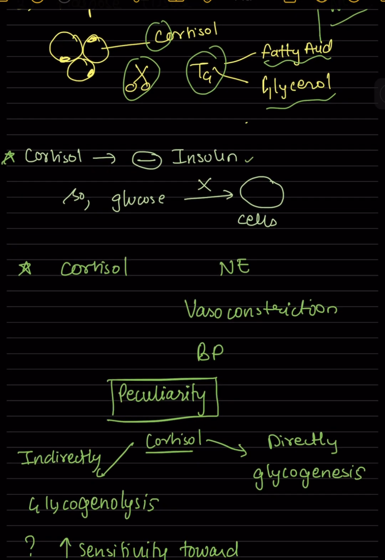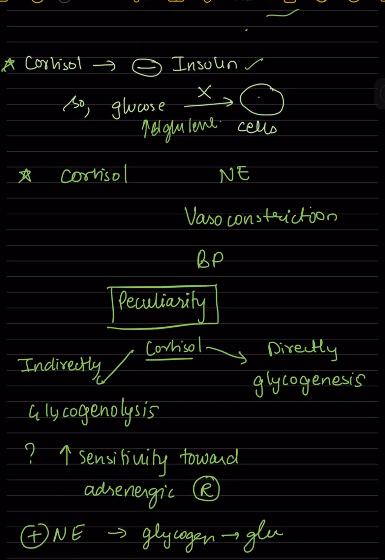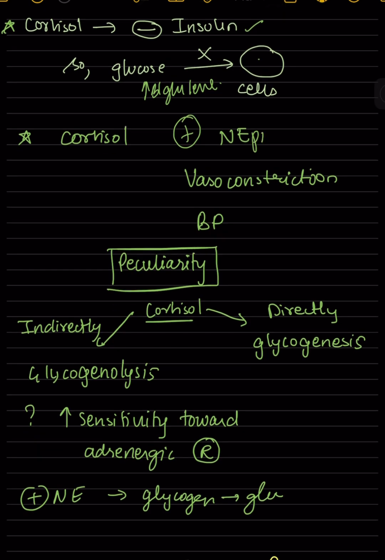In the presence of insulin, glucose gets into the cell, but as cortisol inhibits insulin, glucose cannot get into the cell. Hence, it stays in blood and increases blood glucose level. Cortisol also stimulates norepinephrine, which stimulates vasoconstriction and hence increases BP, as one of its stimulants was also low BP.